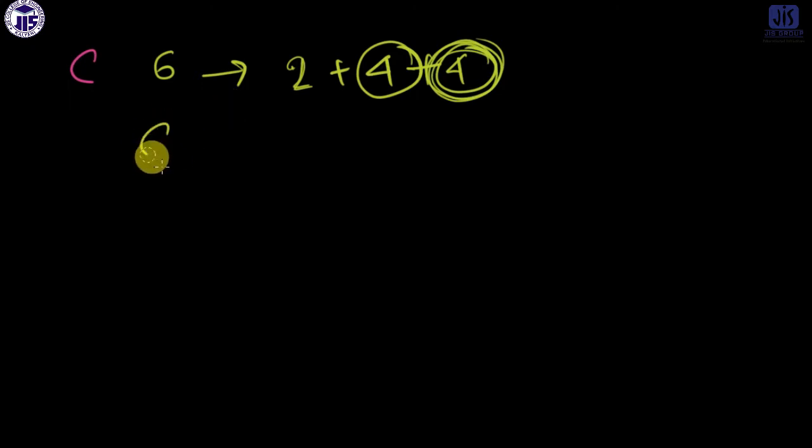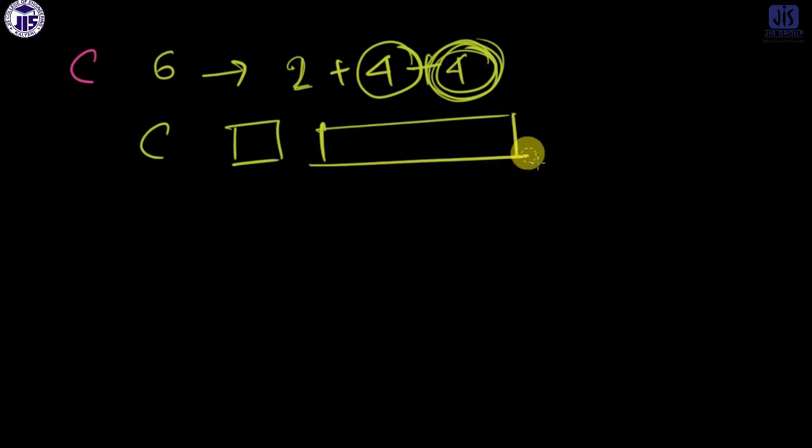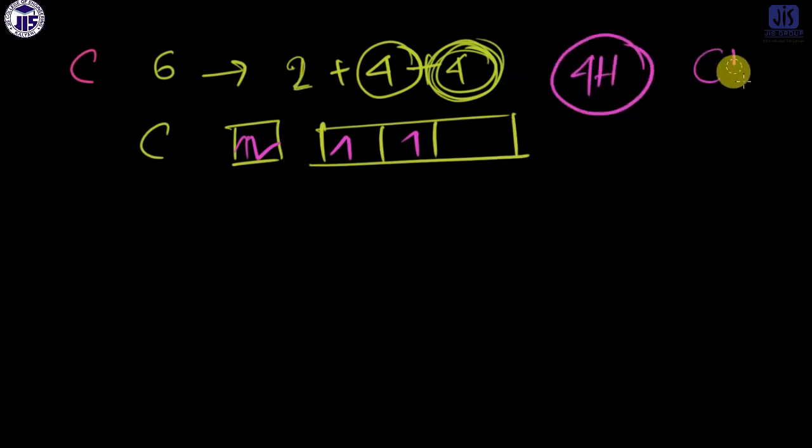So here we can write down, in case of carbon, what I told you, that here 2 electrons and here 2 electrons. Okay, so now 4 hydrogens are there in case of CH4.